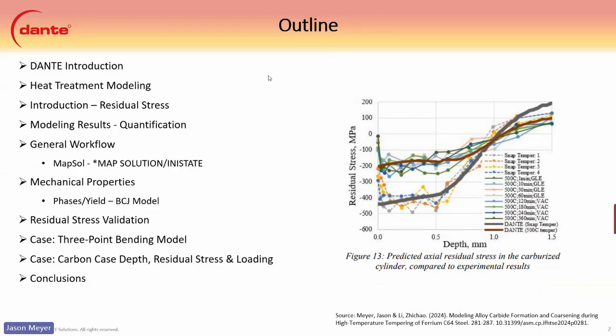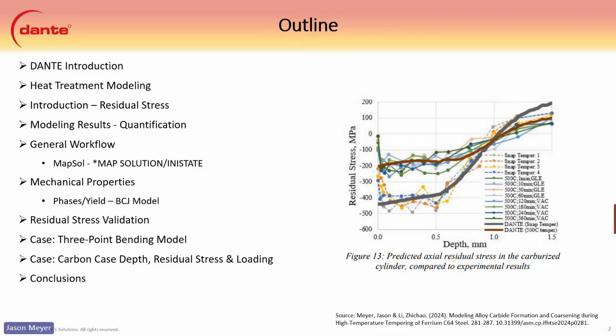Today for the outline, we have a little introduction to DANTE and heat treatment modeling in general. And then we have a little bit of introduction on the residual stress itself, modeling results, like quantifying the modeling results. We have a couple examples here about the general workflow. We have the map solve feature in Abaqus and Ansys, and how we bring the residual stress from the heat treatment models to other loading models.